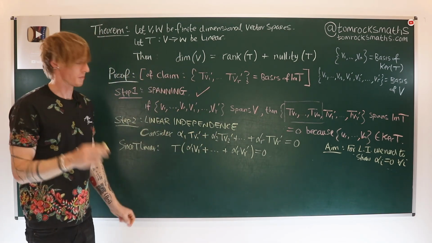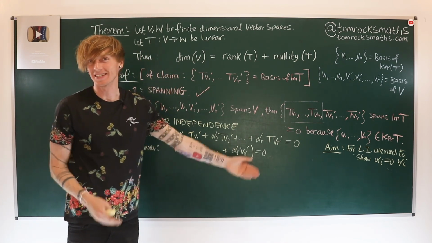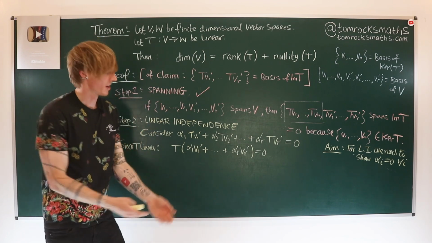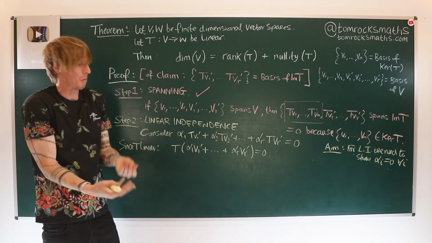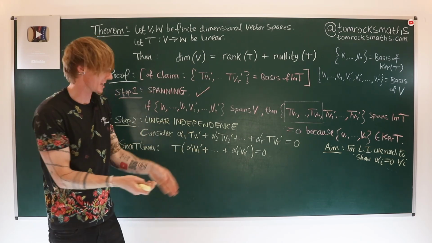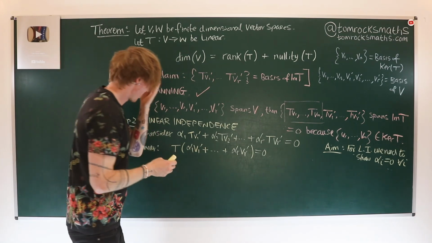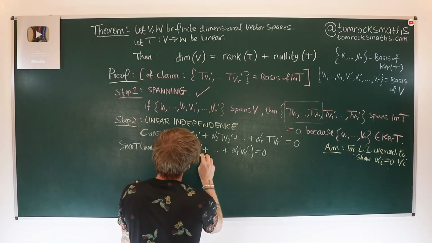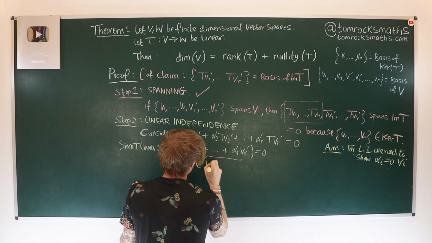But now we have T of something equal to 0, so the something is in the kernel. Because what does it mean to be in the kernel? It means when you take T of the thing, you get 0. So therefore, this combination in here belongs to the kernel of T.